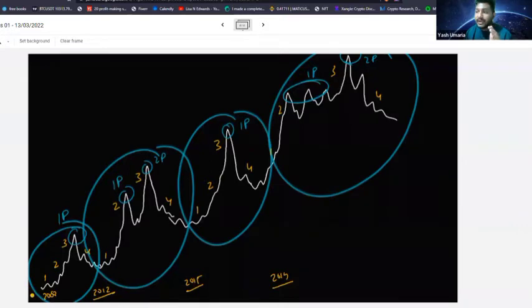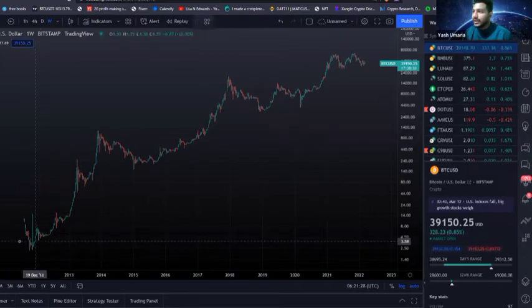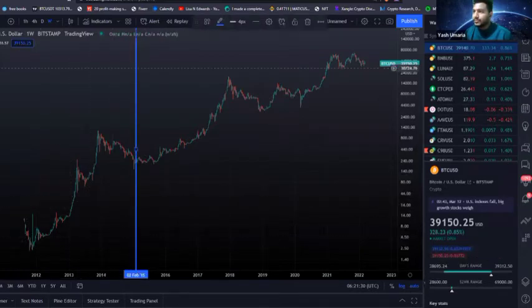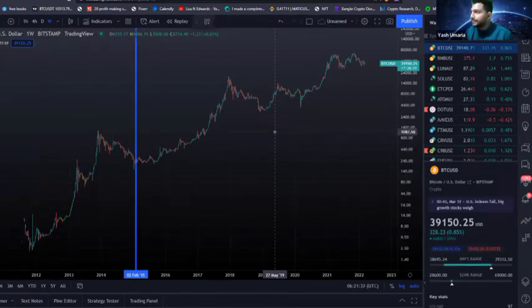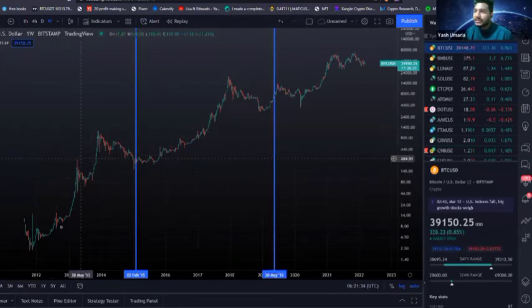So we don't have data of the first market cycle, but we do have data of the second market cycle, third market cycle, and the fourth, which is the current market cycle. So let's divide this chart into 3 parts: second market cycle, third market cycle, and the current market cycle.